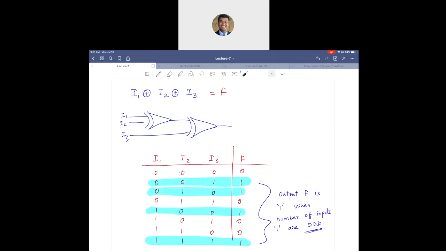So if you have an odd number of inputs active, your output is active. So that's where the odd comes in. So exclusive OR, XOR, produces odd parity.